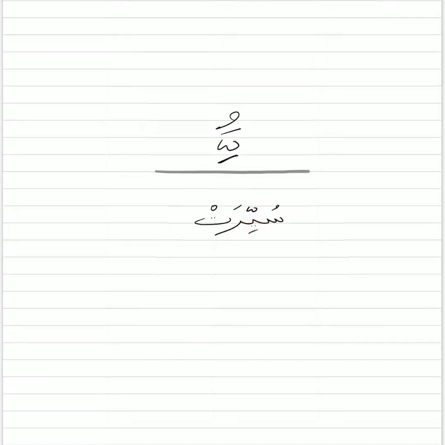Second step, we're going to let go of the ya sound for one count, yeah? It becomes suyi. Yeah, I held it and I let go. Next letter is just one count, ra. So it's suyira. And then the last letter, we're just holding it on the t sound. So it becomes سيرت.